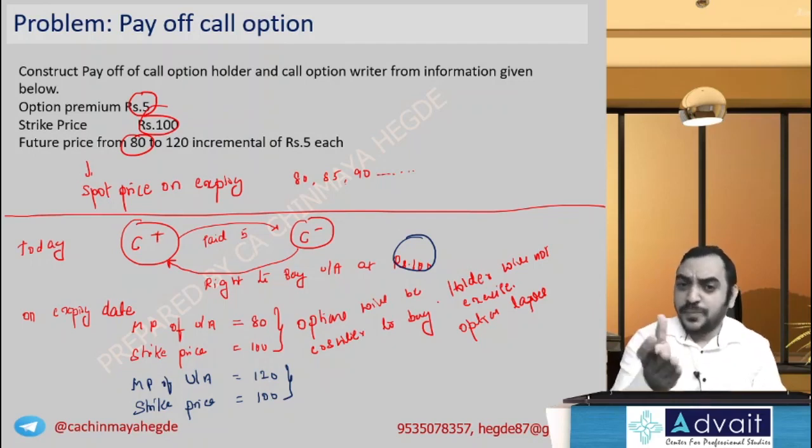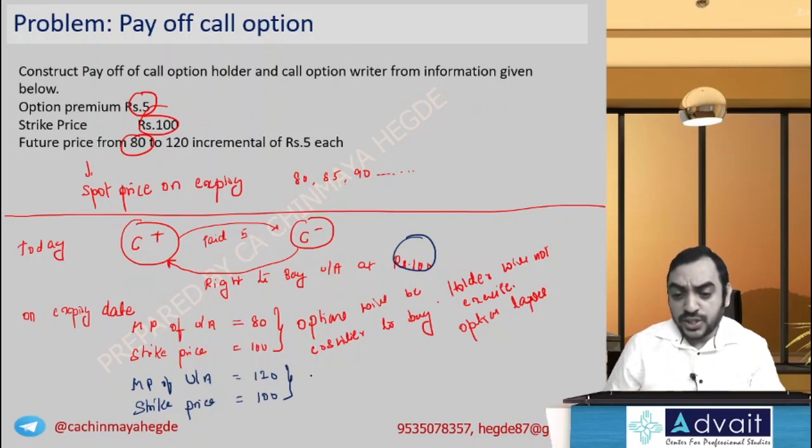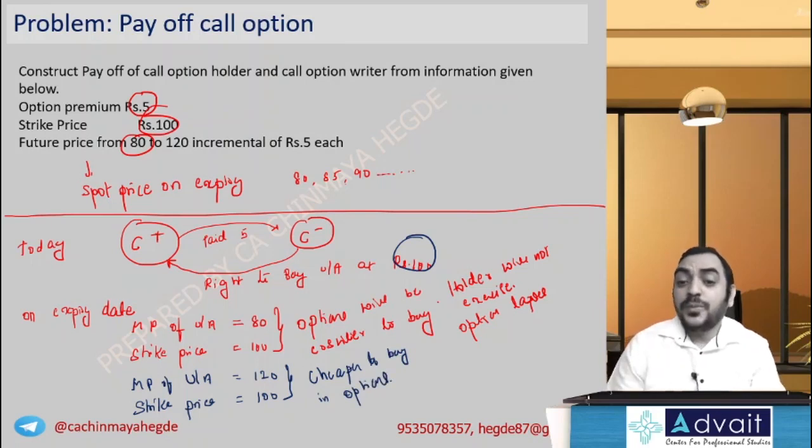Therefore, it is cheaper in the options. How much cheaper? Cheaper by 20 rupees.